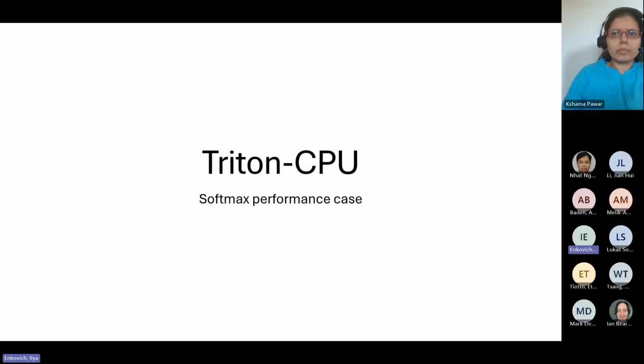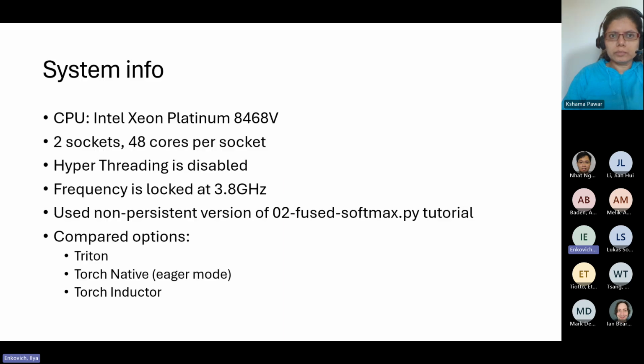So can you see it? Okay. Yes. So we were investigating softmax performance in Triton CPU. Functionally, we enabled it a few months ago, but only now did we get to its performance, and I tried to run it on Software Rabbit's machine with 2 CPUs.